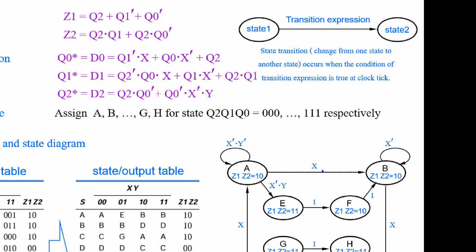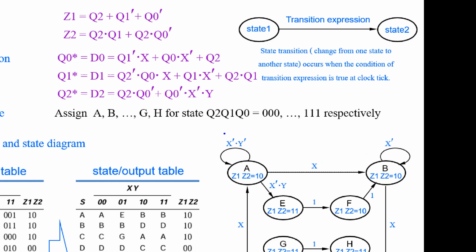Namely, in this case, A goes to B when xy is 1 0 or xy is 1 1. So you can write it as x y prime or x y. Or you can combine these two terms and reduce to an expression of the x variable only.